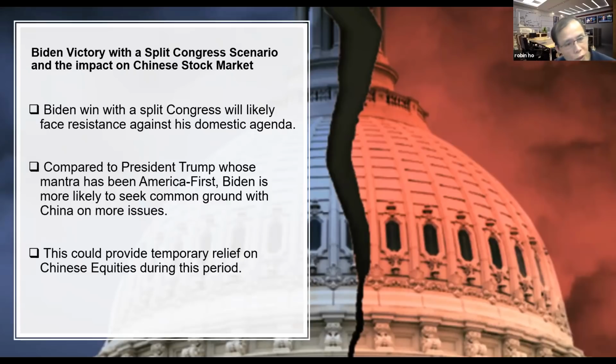So we'll see a more friendly America, maybe, and things will be done in a more cohesive and friendly manner. This could provide temporary relief for Chinese equity.